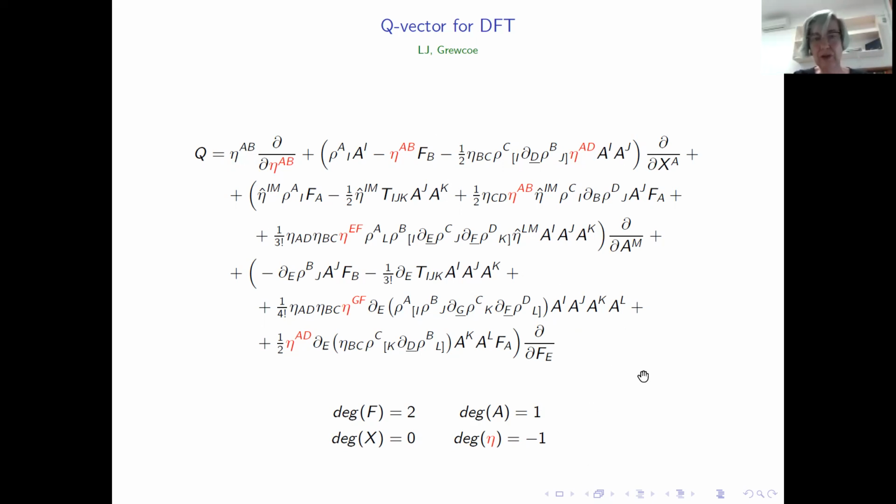And if you look at the Q vector I give you here and just forget the red terms, the structure is the same, although the space is not. The structure is the same as in the current algebroid. In the current algebroid, you would have 2 degree 1 vector fields, 1, 0, and 1 of degree 2.